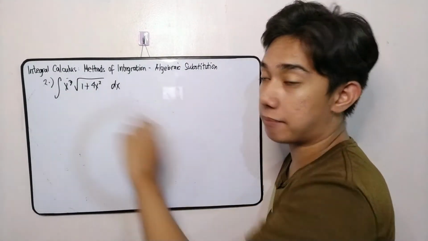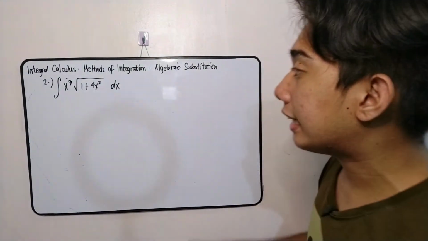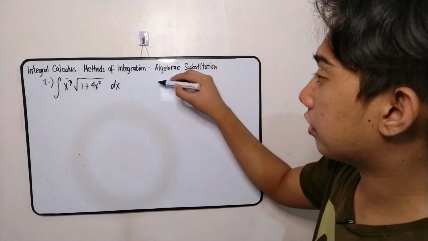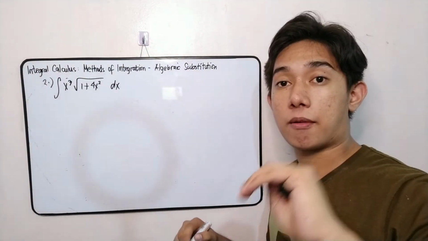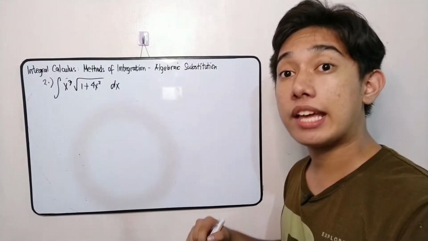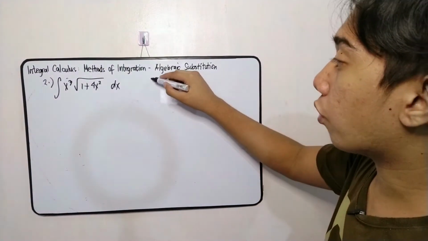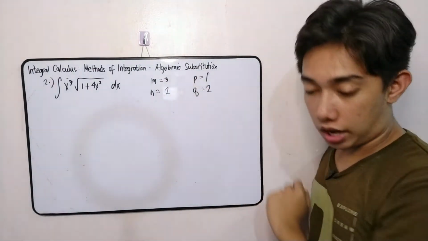This is x cubed, ha. So anong gagawin natin una? So mas madali na lang siya. It's because we will just label, or we will just assume what is m, what is n, what is p, and what is q based on the case number 3. So therefore, m is 3, n is 2, p is 1, then q is 2.